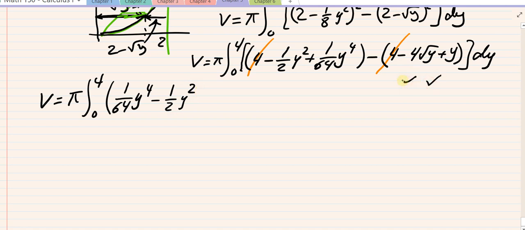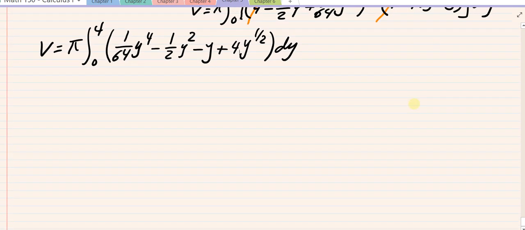And then moving on to the lower degree, we have negative on the outside, negative of y, and negative times negative is positive 4y to the half, which is the square root of y, dy. The integration is pretty simple, because these all end up being algebraic expressions.